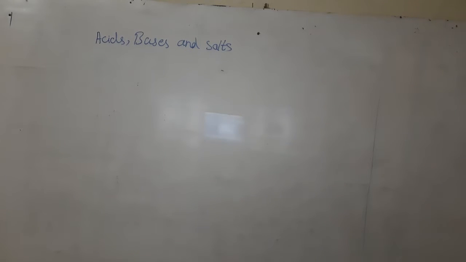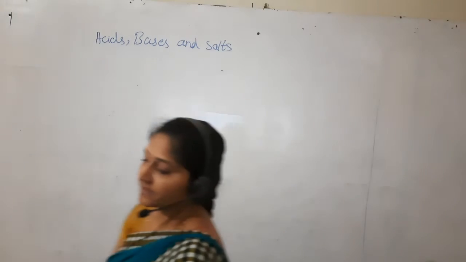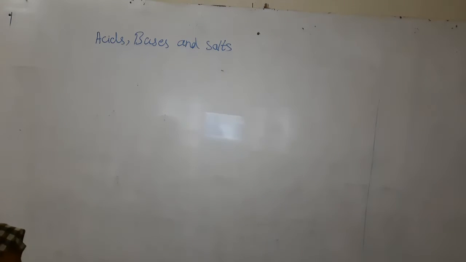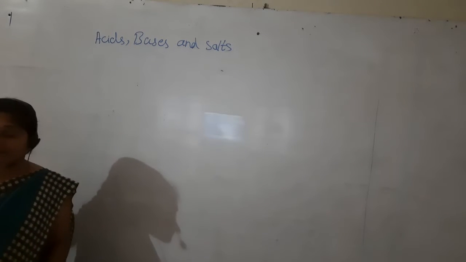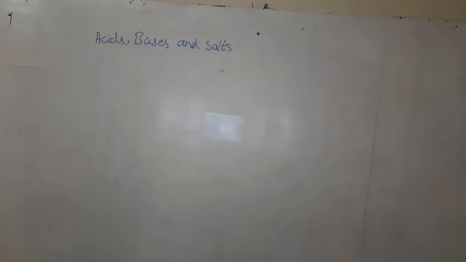Okay. So in previous classes we studied the properties of acids and their classification on the basis of origin, on the basis of strength and on the basis of concentration, right?